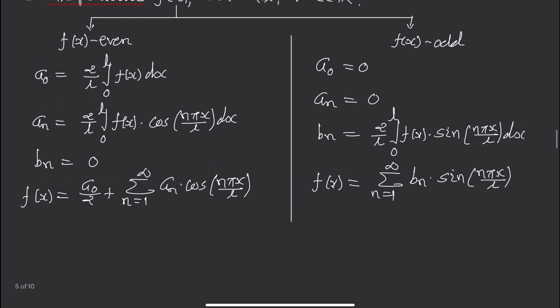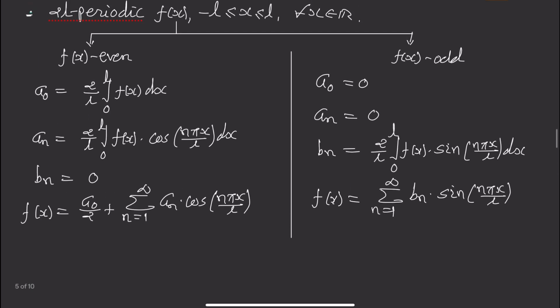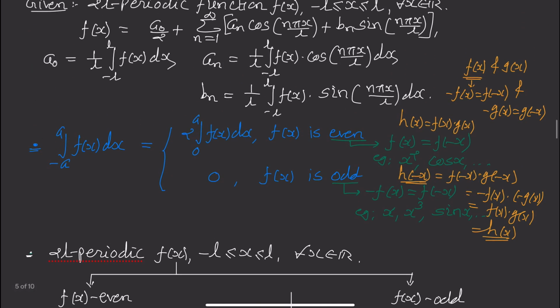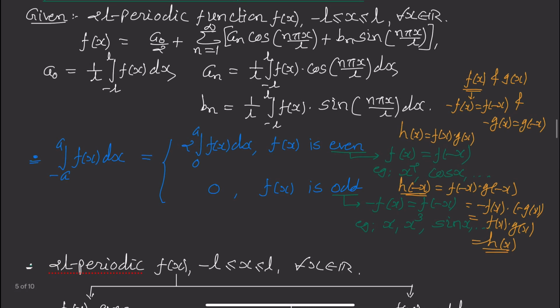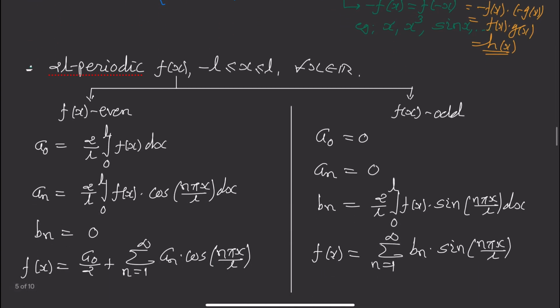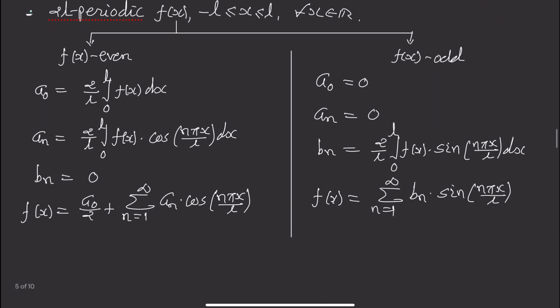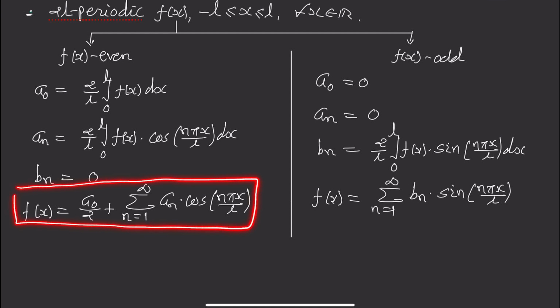Okay, so this is simple. When we have a given function in general, then what is the Fourier series and which are the Fourier coefficients. Now if we know the relation of that particular function, suppose it is even, then what is the Fourier series and which are the coefficients.